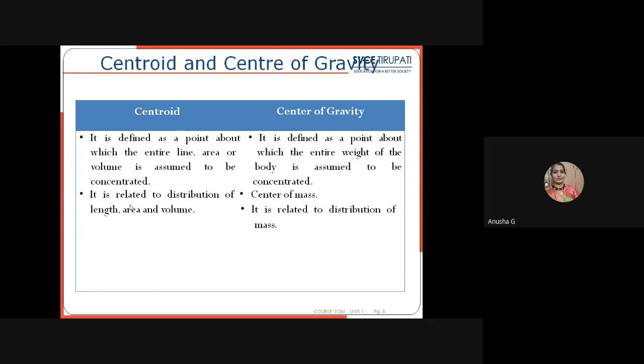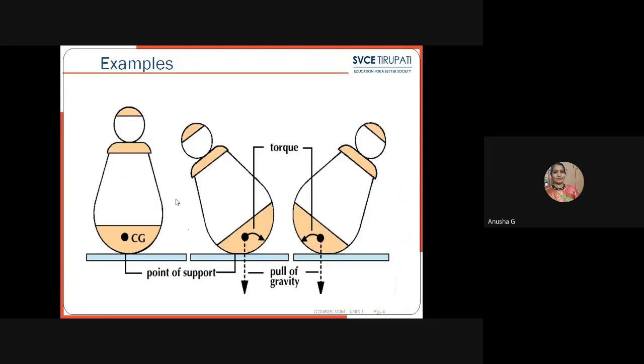If you take a water bottle, its height and weight change, and based on that the center of gravity will also change. Center of gravity is related to the distribution of mass, while centroid is related to the distribution of length, area and volume. Okay, students, you can know about these two differences, centroid and center of gravity. Here you can observe the diagrams.